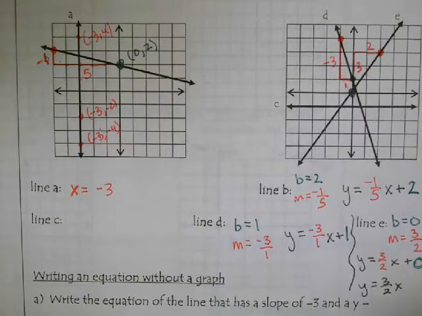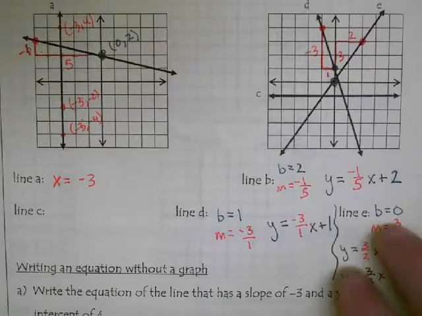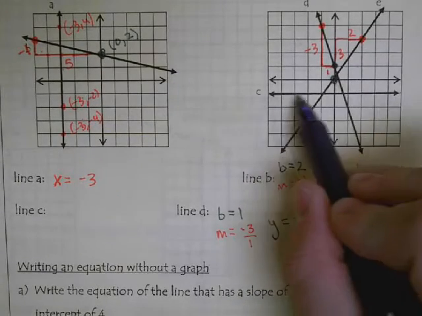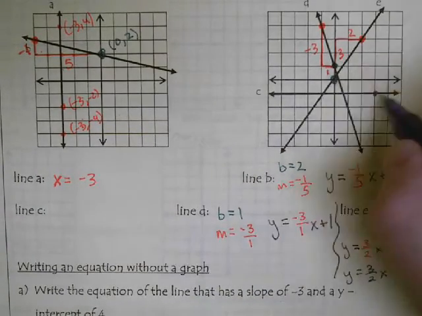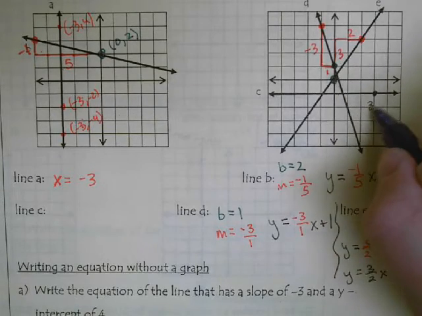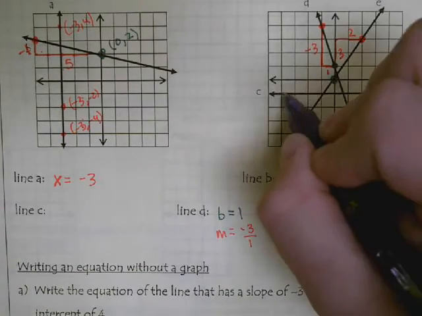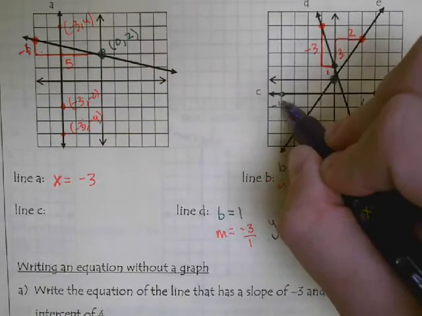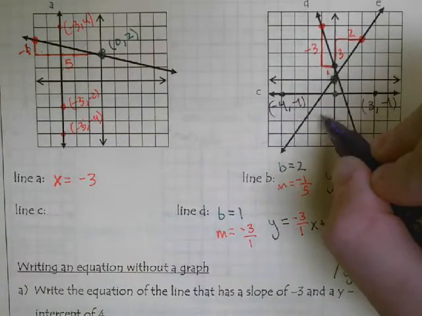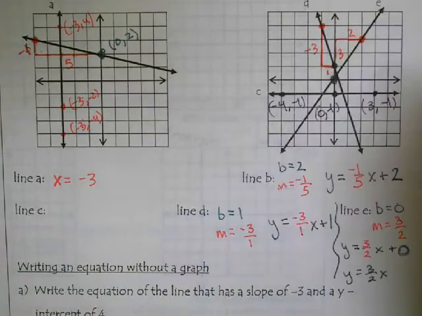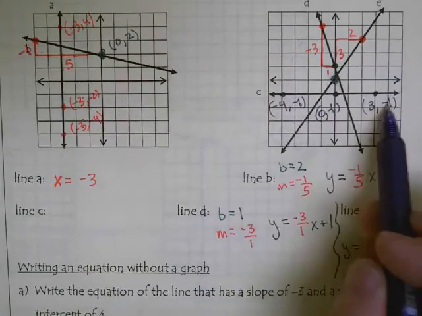And say we're looking at a horizontal line, such as line C. We just want to think about that only consistent value. So if we look at a bunch of different points, I'd have (3, -1). Over here I'd have (-4, -1). We can look at this point where it's (0, -1). And what's the only value that's consistent?